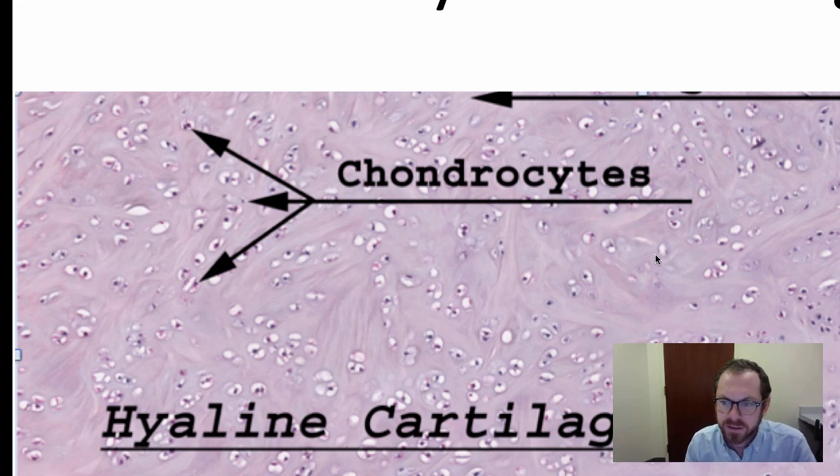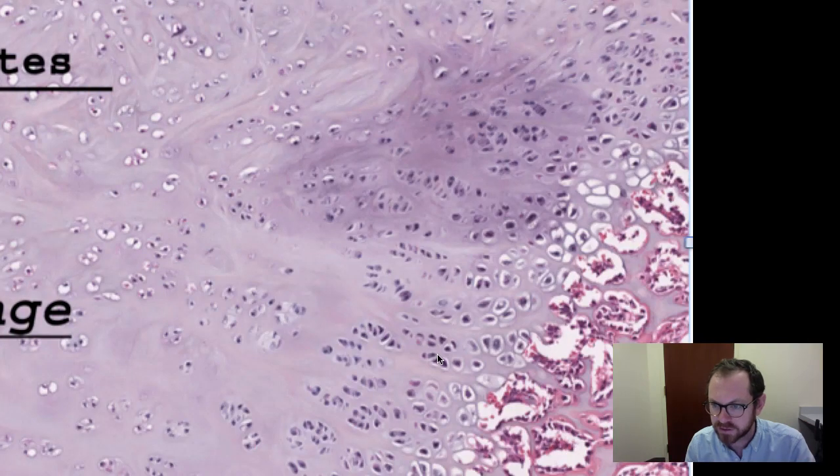And hyaline cartilage is going to have some different appearances. Here we see that these chondrocytes are arranged in this roughly linear fashion, and they're kind of stacked together. They kind of look like a big stack of pancakes. You can think of it that way.